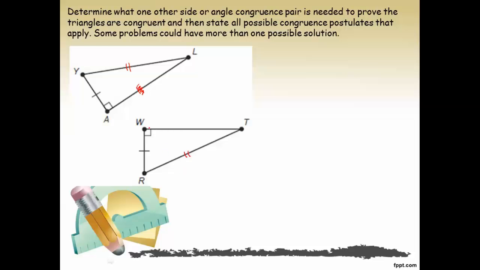I'm dealing with right triangles, and I've learned that if I have a hypotenuse and leg that are congruent in corresponding triangles, then the triangles are congruent. So I have the right triangles and I have a leg. If I prove the hypotenuses are congruent, so let's say LY is congruent to RT, then I can use the hypotenuse leg theorem to prove these triangles are congruent.